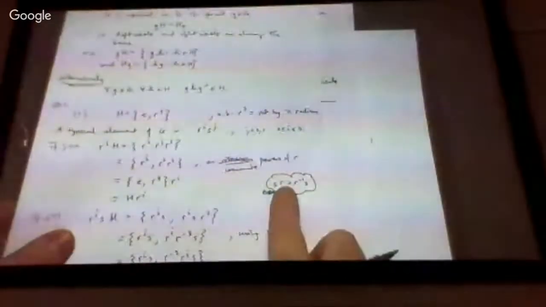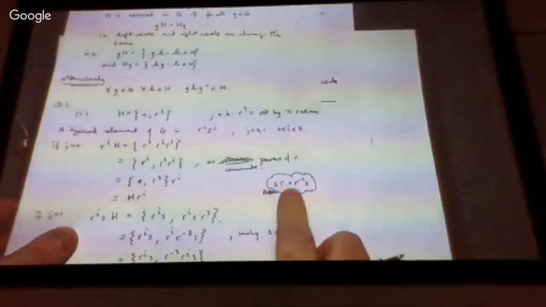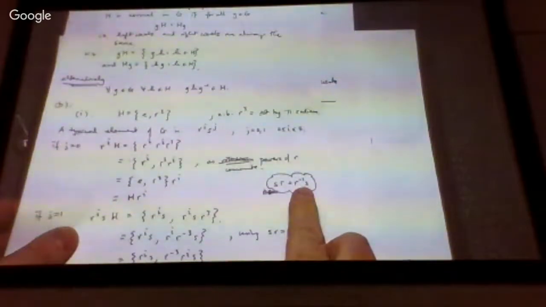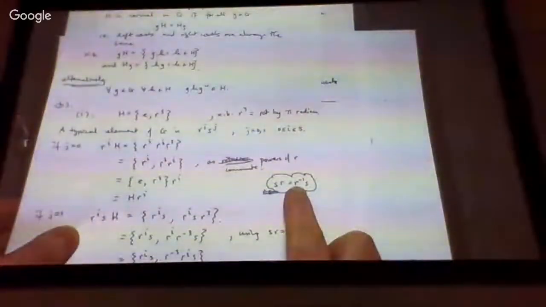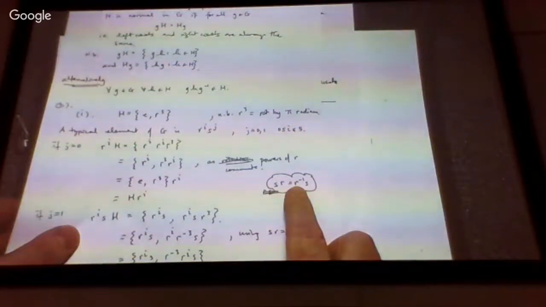But SR isn't in standard form. So in standard form, SR is RS. Oh, SR is the product. Remember, this is the relation given in the question. SR is R inverse S. But R inverse is R to the 5, yeah, because we're in D6.